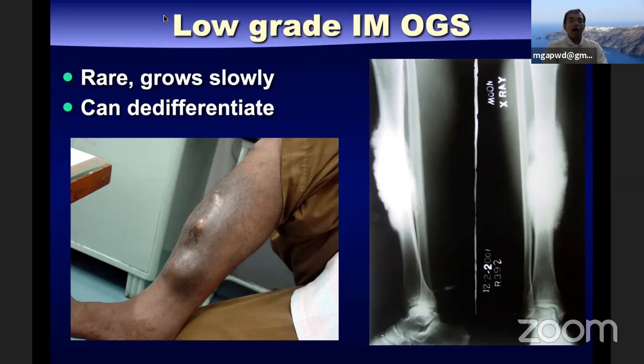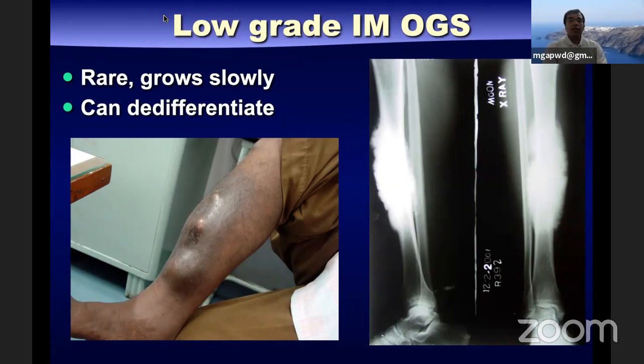So if you have a long history, we must think of a low grade osteosarcoma, and we should understand that while low grade osteosarcomas are relatively good, in the sense that they will not metastasize, they don't need chemotherapy. If you leave them long enough, they can de-differentiate.